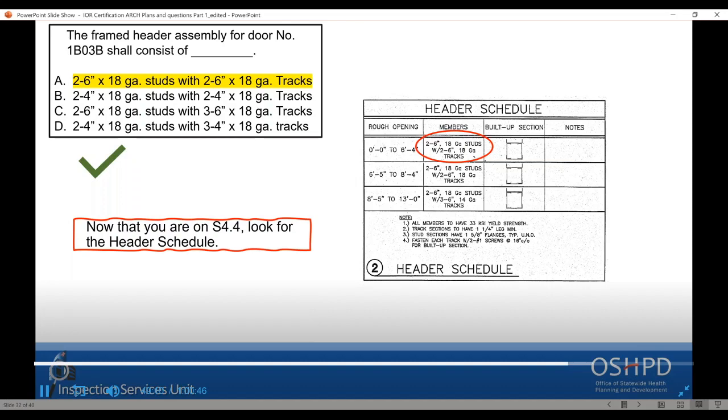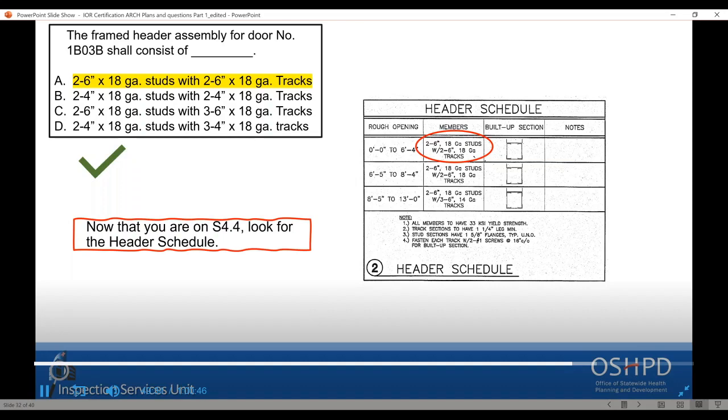Everyone on the webinar, if you're able to do that now, go to our website, oshpd.ca.gov, and then on the left-hand side in the blue banner, it says Building Safety and Finance. Click there, and then go to Forms, Training, and Resources.